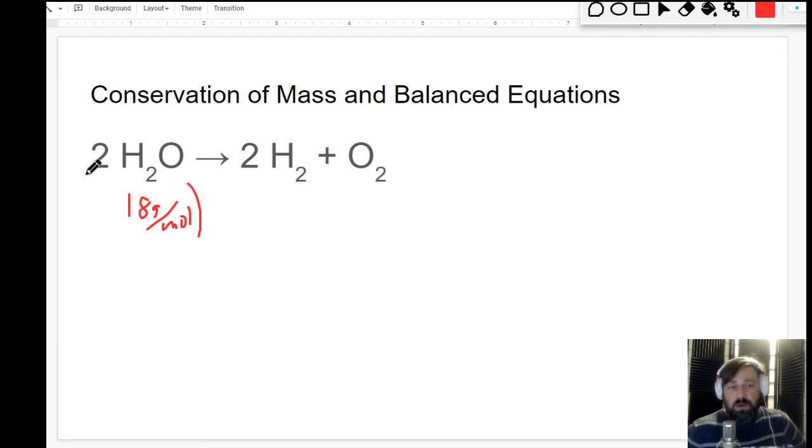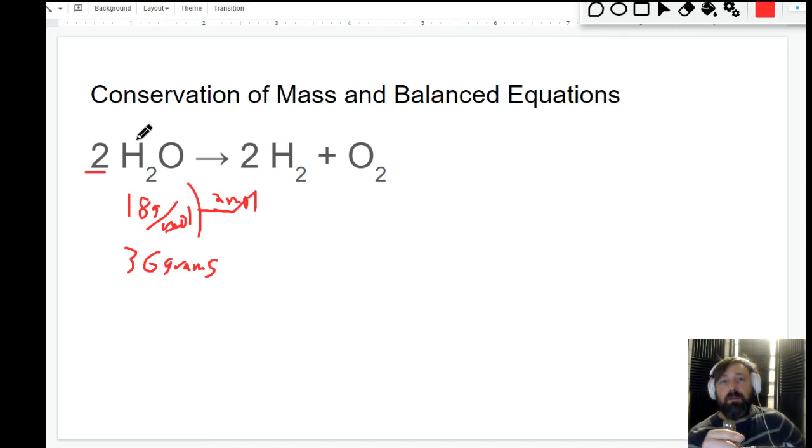And we have 2 moles of this guy. So 2 moles, moles cancel, and we end up with 36 grams. All right, so we are starting out with 36 grams of stuff. We should end up with 36 grams on the other end. Let's see if that's true.